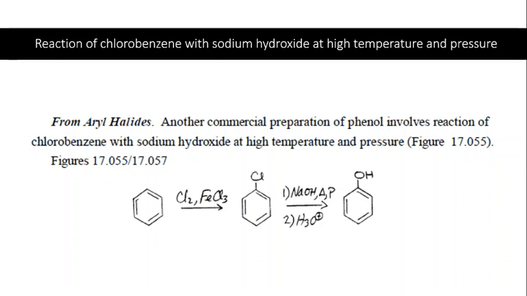Upon base hydrolysis, this chlorobenzene will change. The question is how to bring about this reaction, changing chlorobenzene to phenol using the base first, followed by the acid workup. So what is the mechanism for this reaction?